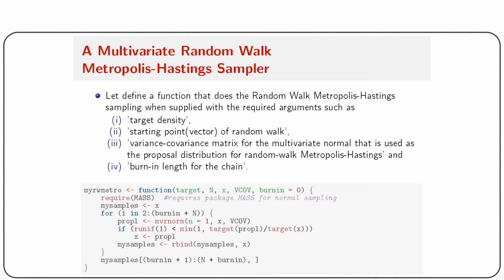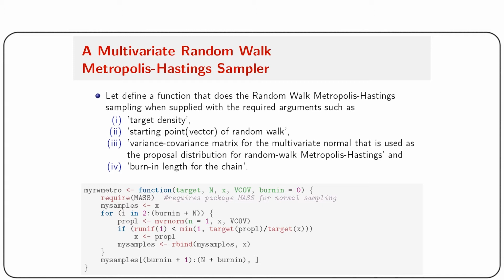And now here is the Metropolis algorithm that I am putting. If a random runif(1) is less than the minimum of 1 and the ratio of target of the proposal by target of x, then x is the proposal, otherwise it is the initial value itself. So it is the previous state, and my sample should be stored in my samples, that is rbind of my samples, comma x.